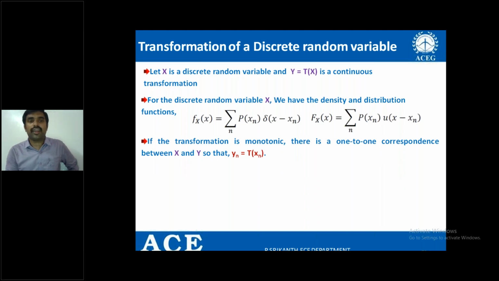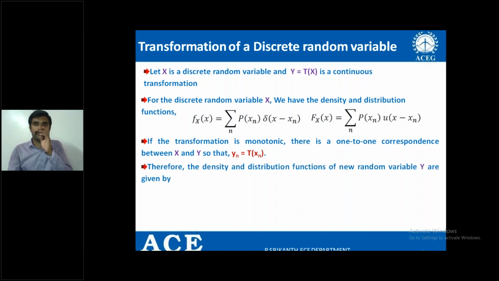Here, if the transformation is monotonic, that is a monotonic transformation of a discrete random variable, there is a one-to-one correspondence between x and y, so that y_n = T(x_n), or x_n = T inverse of y_n.